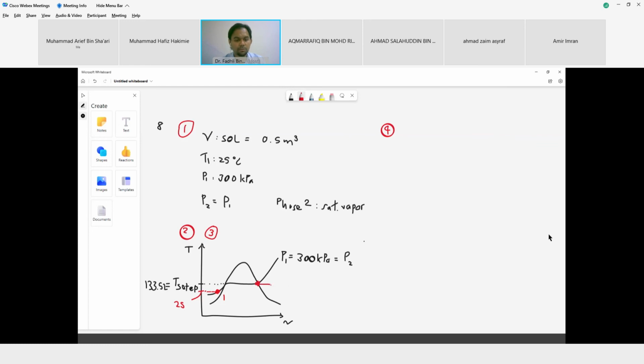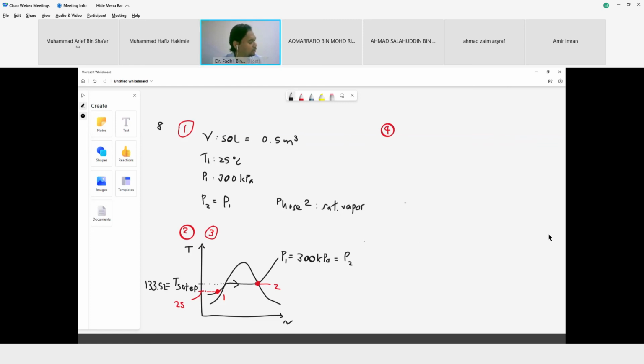Ini adalah point number 2, final state. So the phase transformation is from state 1 to state 2. Heat is given, mestilah suhunya bertambah kan, panas.